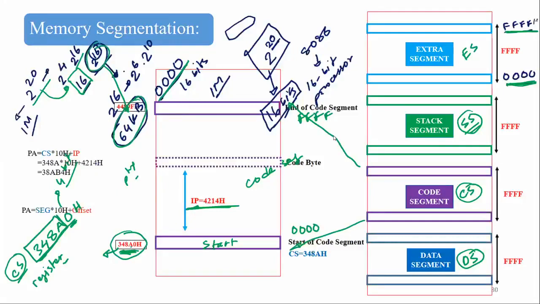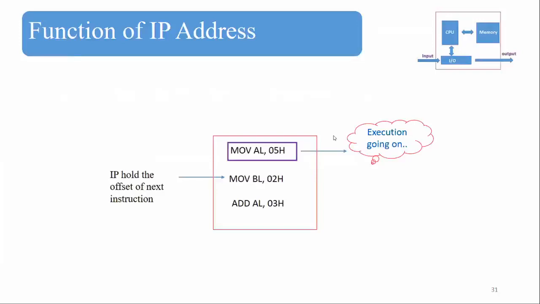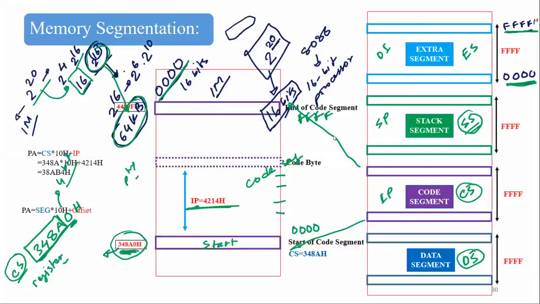For accessing different positions, we have different registers. For the code segment, it is IP, a register. For the stack segment, it is SP, the stack pointer. For the extra segment, the register is DI, and for the data segment it is SI.